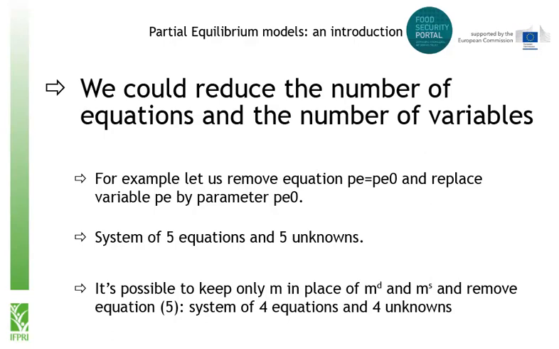So you see that we would have a very simple model with only 4 equations and 4 endogenous variables and nothing new. It would be exactly the same model. Here we can keep 6 equations and 6 endogenous variables because the number of equations is very small, so it's not a problem.